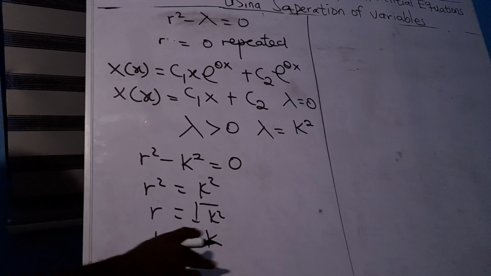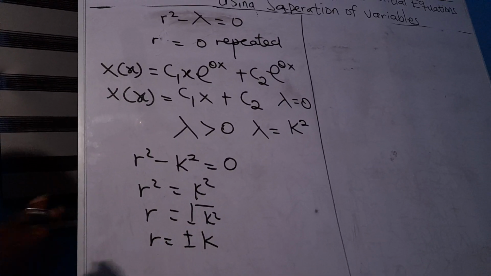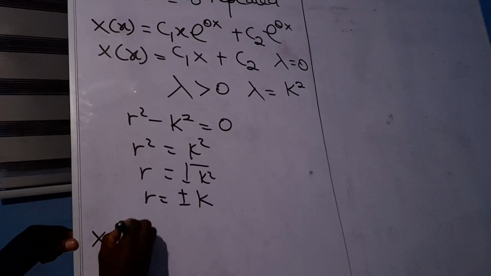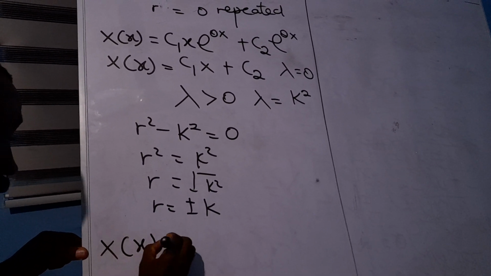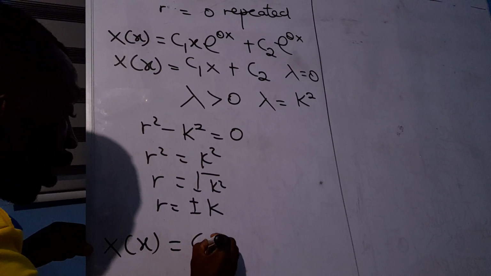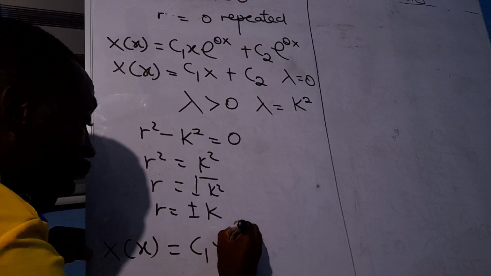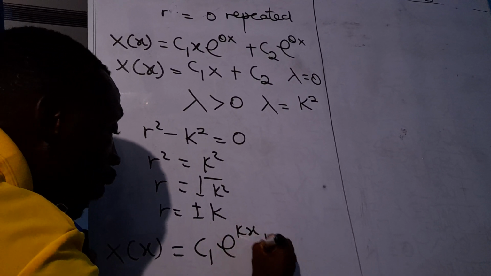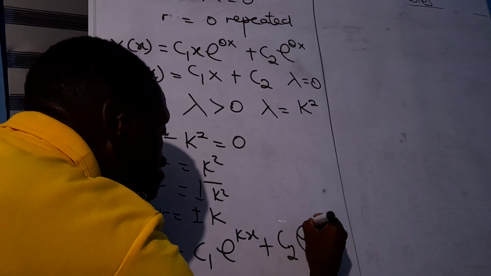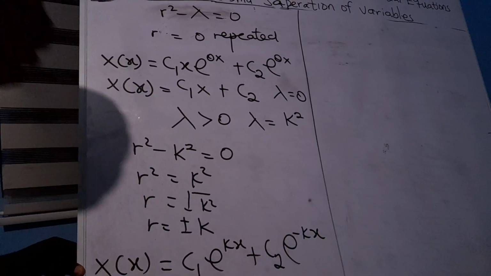So these are two distinct roots. Then our function there, x, will be equal to c1 e exponent kx plus c2 e exponent negative kx.